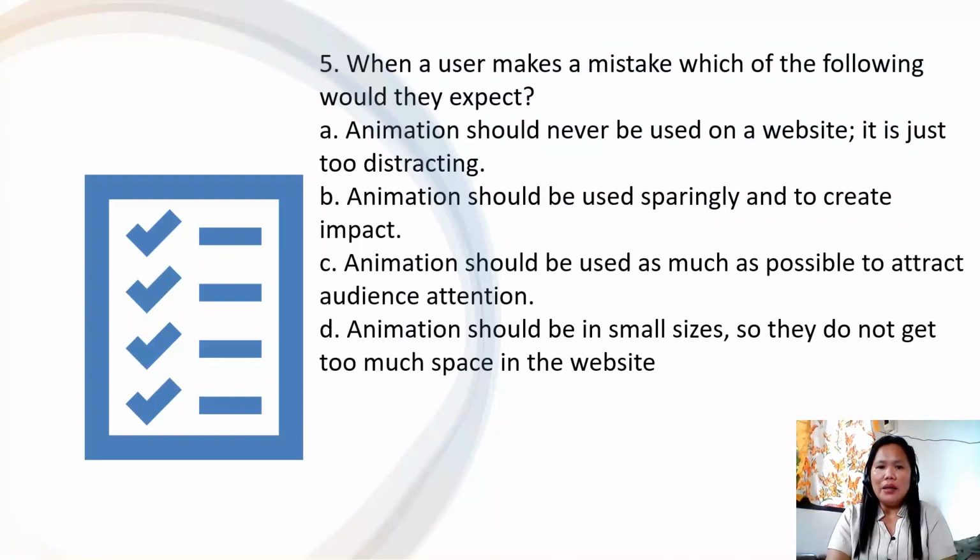And D. Animation should be in small sizes so they do not take too much space in the website. And your answer is letter B. So, if you got a perfect score of 5 out of 5, then you did a great job.